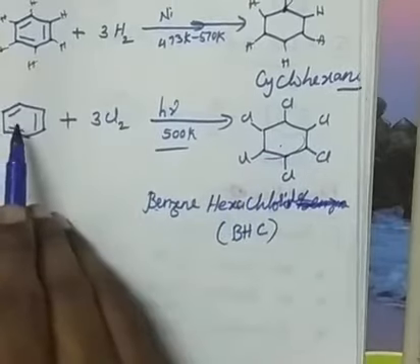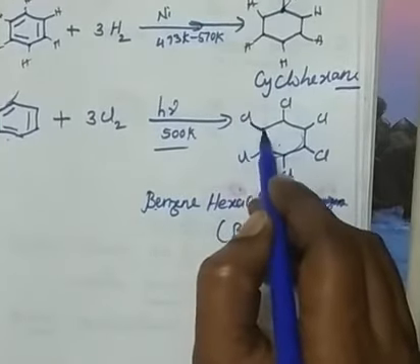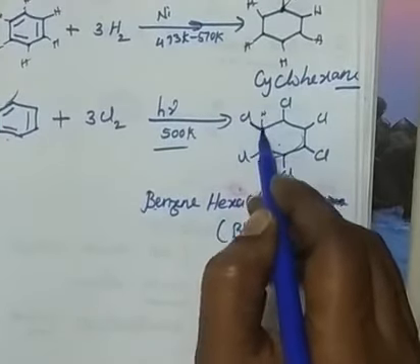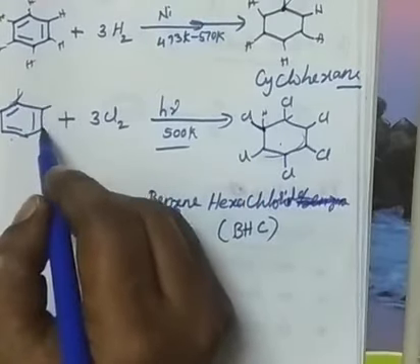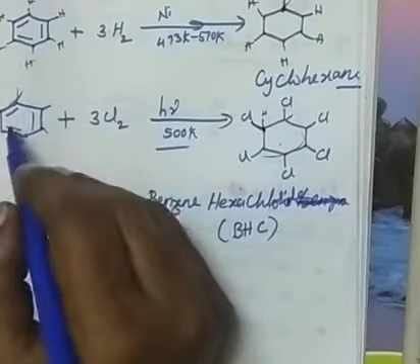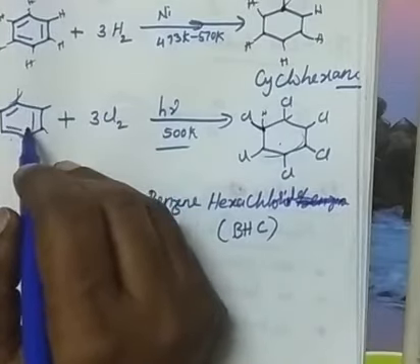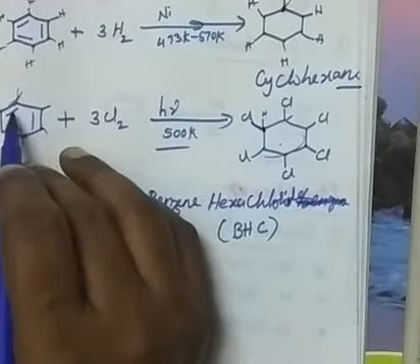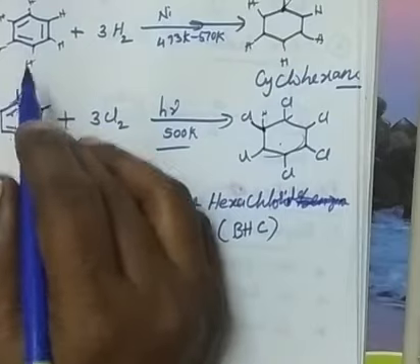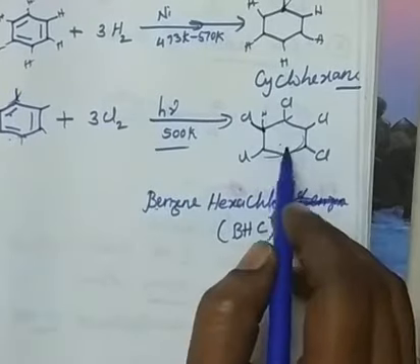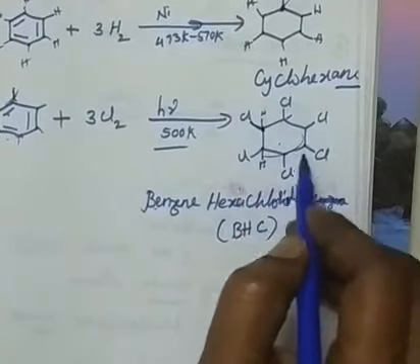Hexachlorobenzene means I can write onto the benzene all 6 chlorines. But here this carbon has 1 hydrogen already and 1 chlorine. If I write all chlorines here, there would be no hydrogens, all hydrogens replaced and chlorines substituted. But that is not the case. I am removing the double bonds and adding the chlorines. That means the hydrogens already present are still there in the cyclic system, and the newly added chlorines have come.